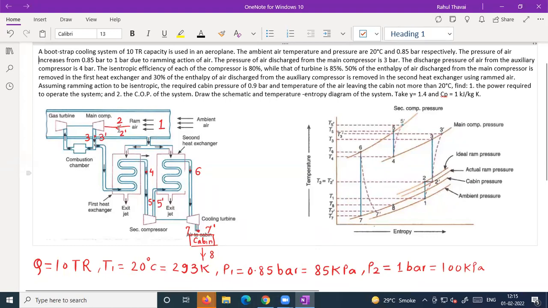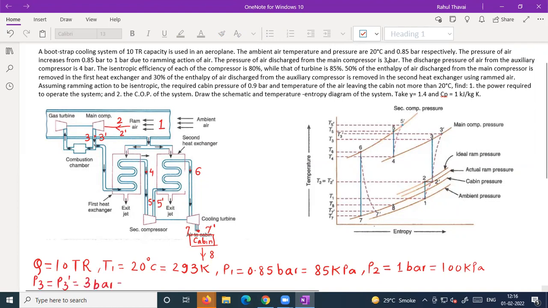So what pressure do we have at point number 3? 3 bar. Whether it is point number 3 or 3 dash, both are on the same pressure line. So I will write down here: pressure at point number 3 is equal to pressure at point number 3 dash, and is equal to 3 bar.